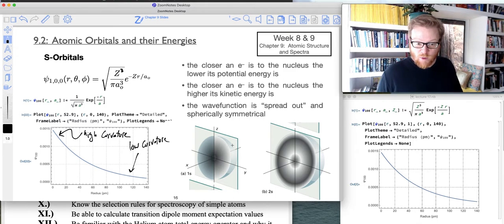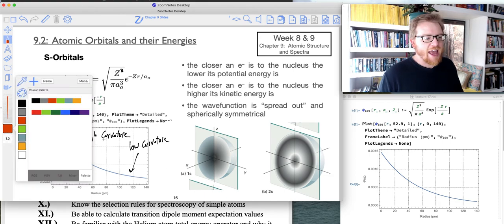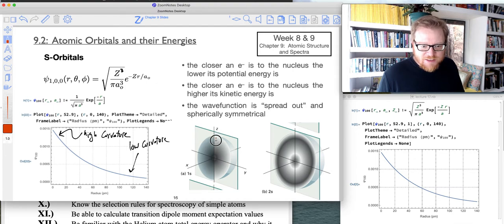But if we look at a three-dimensional representation, we can see that exponential decay given as this shaded area, right? You can see here this dark color is much darker at the origin, so that indicates higher probability at the origin. As we move further away, we have decaying probability, and that's spherically symmetrical.